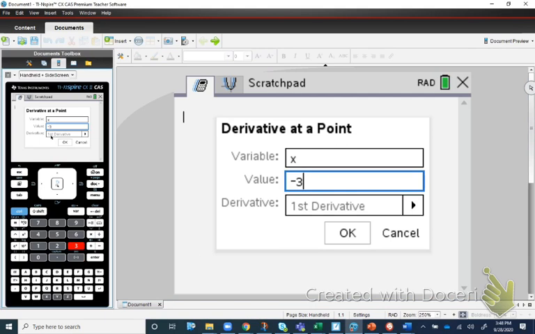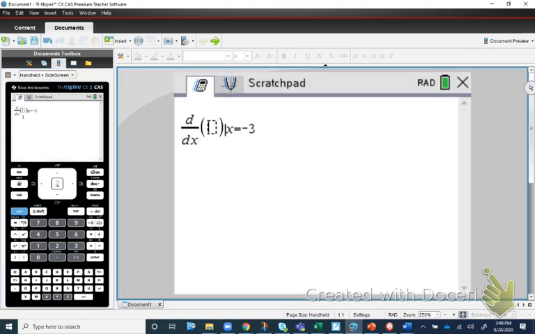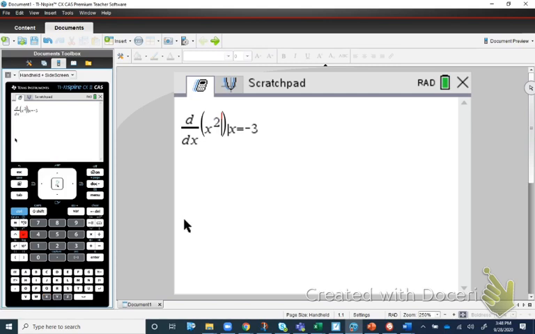We're just looking at the first derivative, and then we type in the function. We have x squared minus 5x plus 6. Now we have what matches the notes, and you hit enter, and we get the return of -11.